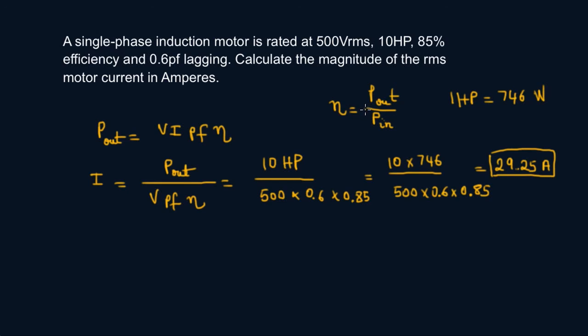Efficiency is how much you're putting out versus how much went in. A motor converts electrical energy into mechanical energy. So this is your output power, your mechanical energy, and this is your electrical energy. And there's no such thing as a 100% efficient motor, because you're not converting all your electrical power into mechanical.